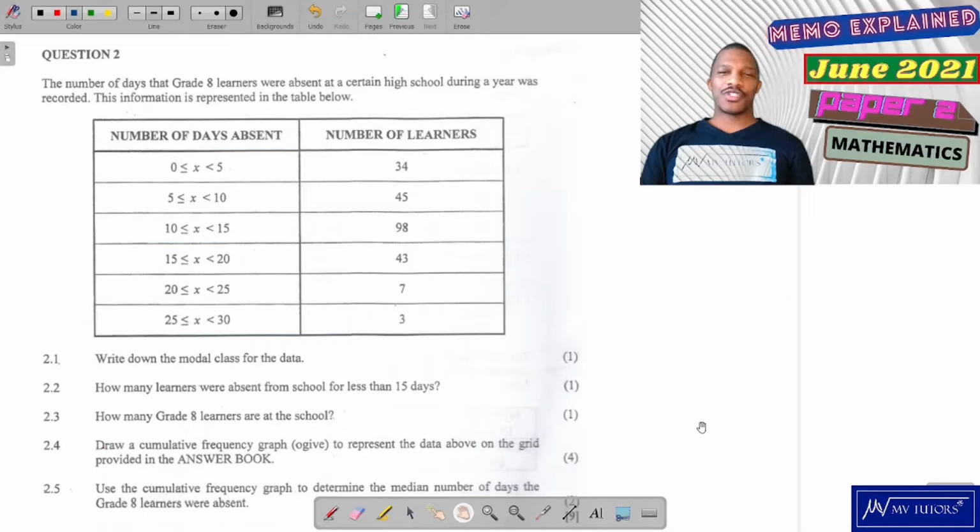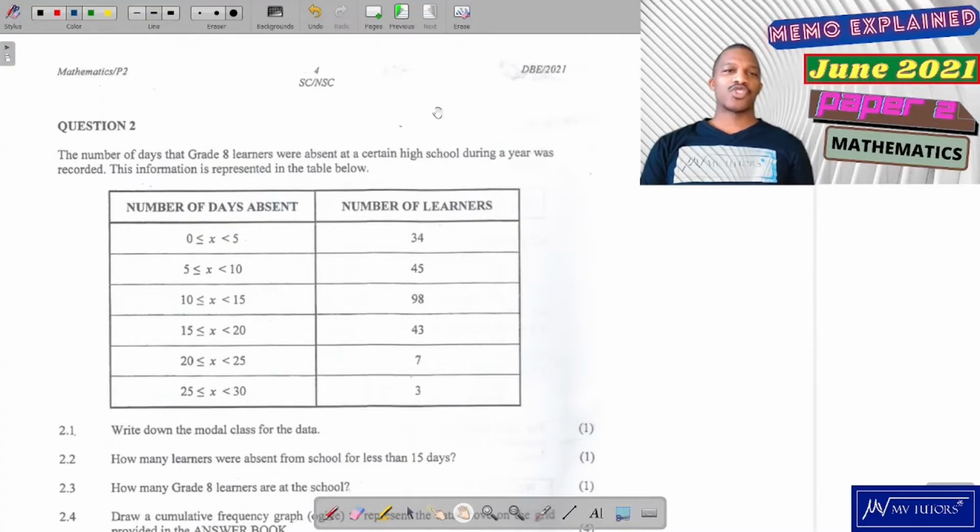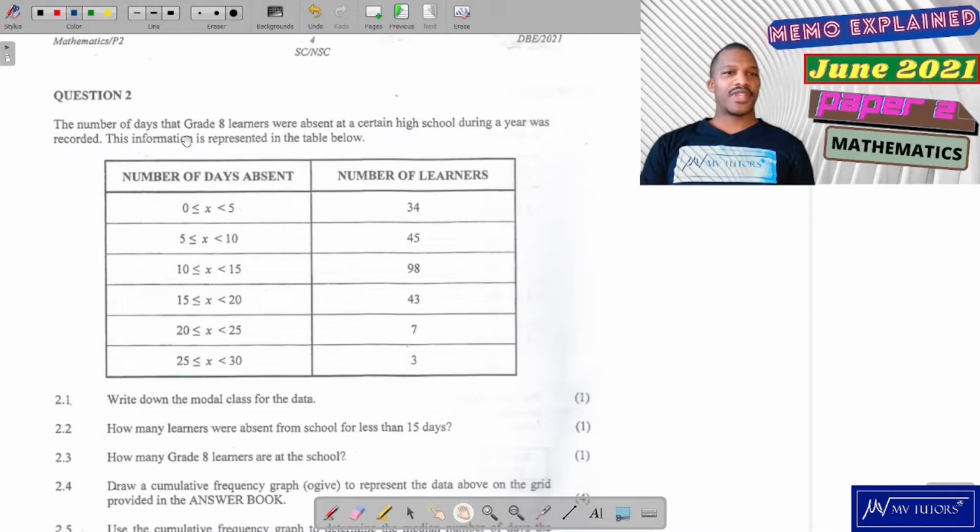My name is Figa, and we are doing the 2021 June exam paper for mathematics, paper 2. Okay, we are now in question number 2. Let's get right into it. It says the number of days that grade 8 learners were absent at a certain high school during a year was recorded.